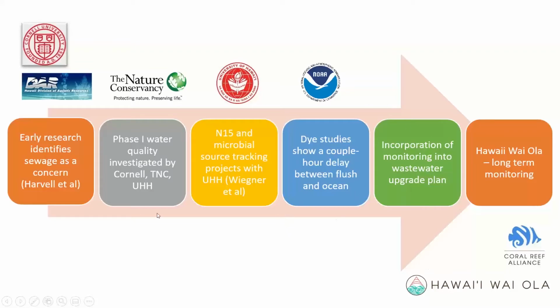And all of that together, after all of those years, can be incorporated into a wastewater upgrade plan, which right now is being led by Coral. And then long-term monitoring can be continued in that phase 1 vein by Hawaii Viola to see if those upgrades are going to matter in the end. So this is sort of a timeline of what Pu'oko has looked like over the last 10 to 15 years.